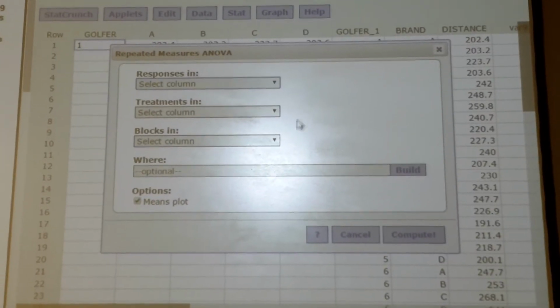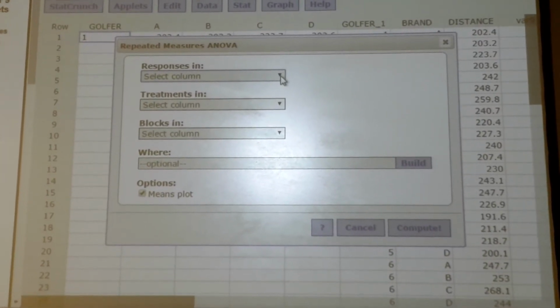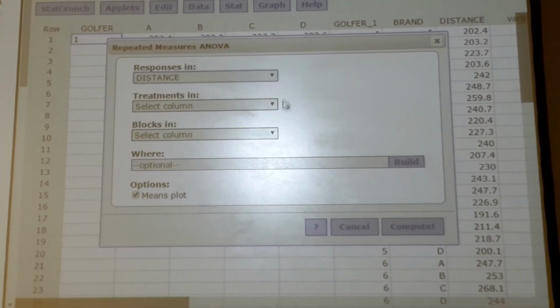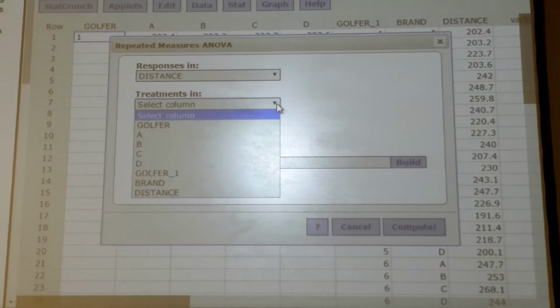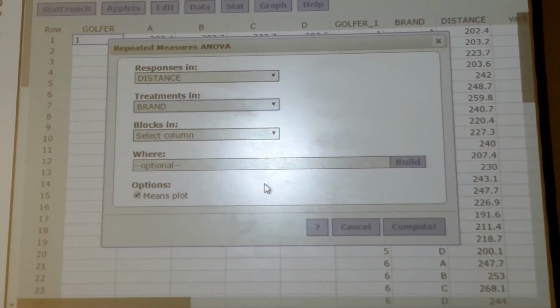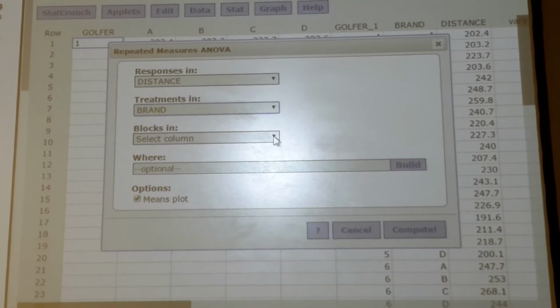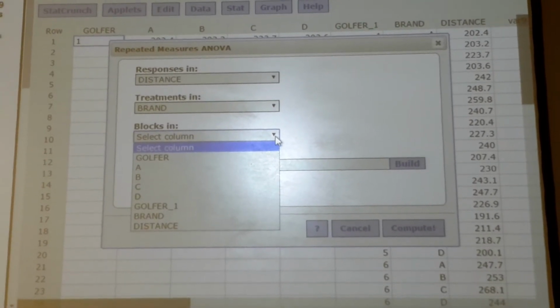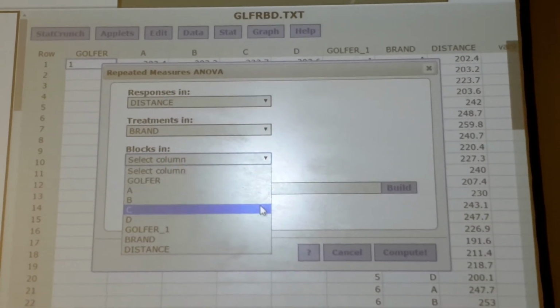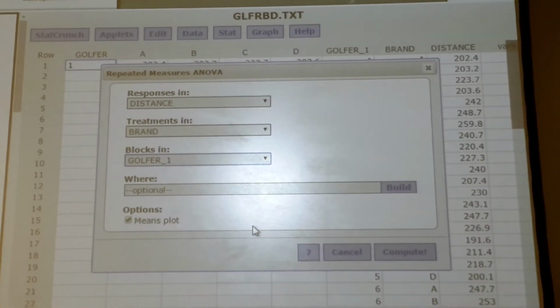So we go there. The responses or the outcome variables are in the distance column. The treatments, what we actually are interested in seeing if there's a difference in, is the brand column. And our blocks, the chunks of data for each of our different individuals, is in the golfer 1 column.